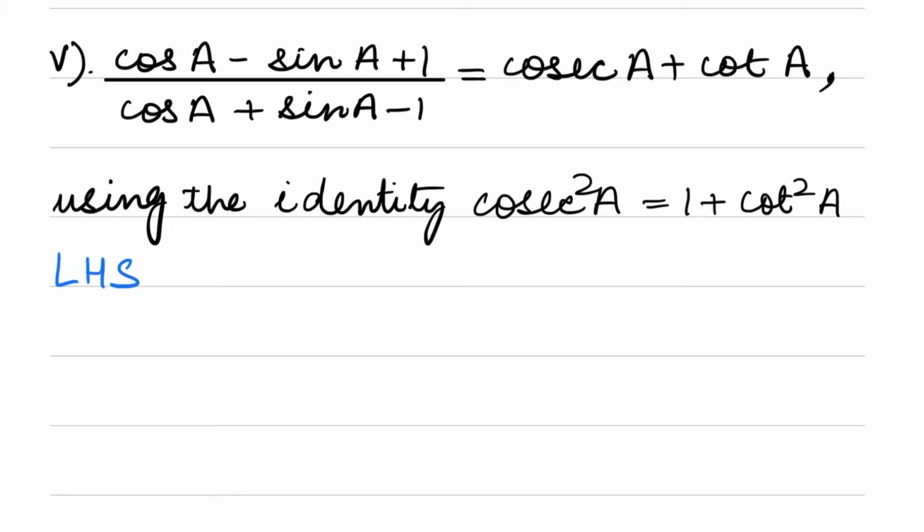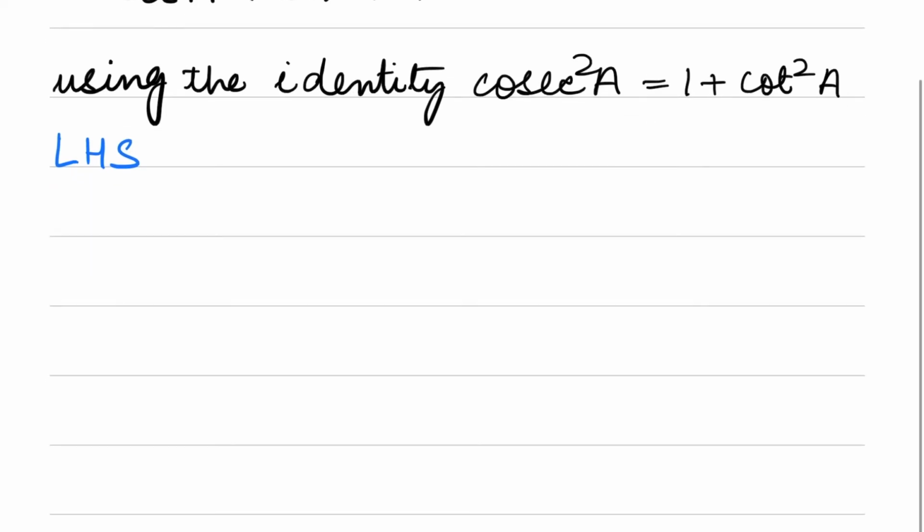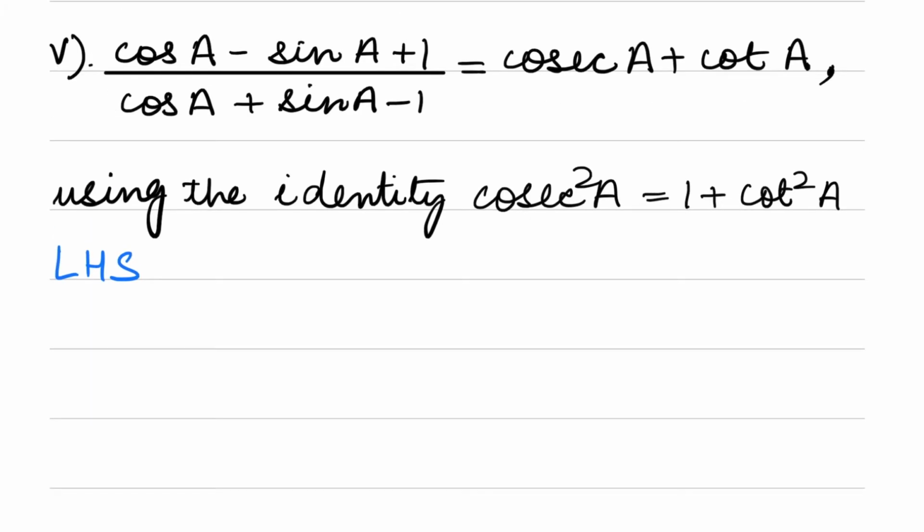Let's start with the left hand side, and to convert into cosec and cot, let's divide both numerator and denominator by sin a. So cos a by sin a will give me cot a minus 1 plus 1 by sin a, which will be equal to cosec a.